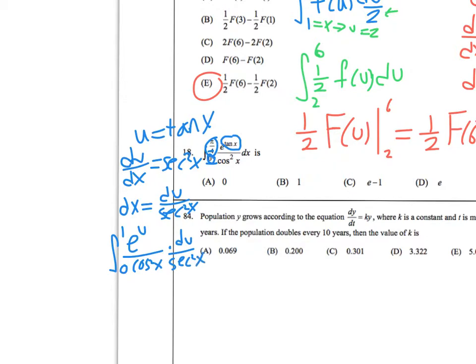And you might recognize that cosine squared and secant squared are reciprocals. Therefore, when you multiply them, they turn into 1. And then we finally have something we can integrate. So the antiderivative of e to the u is e to the u. Plugging 1 and 0 in, that's going to be e minus 1.